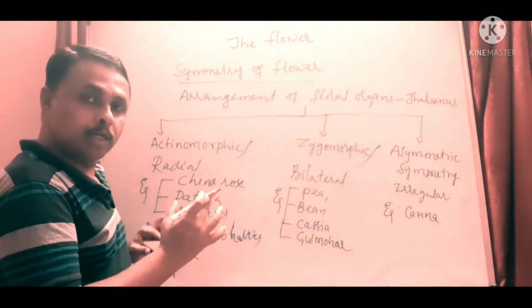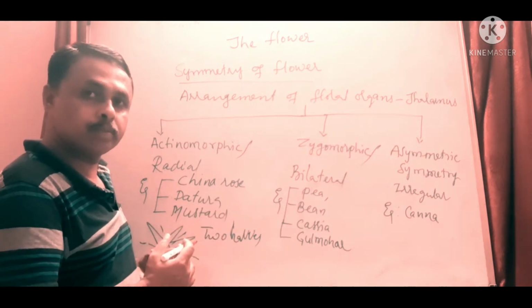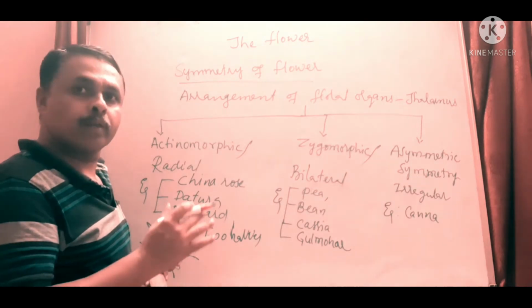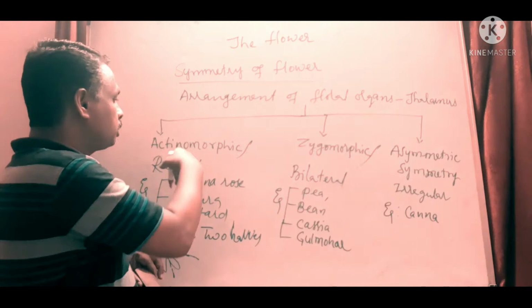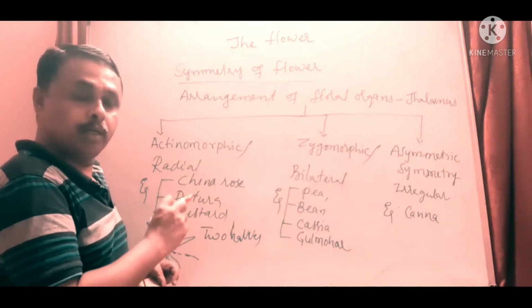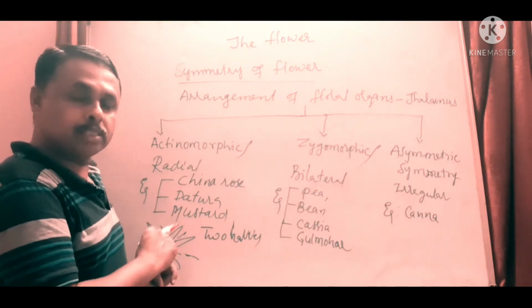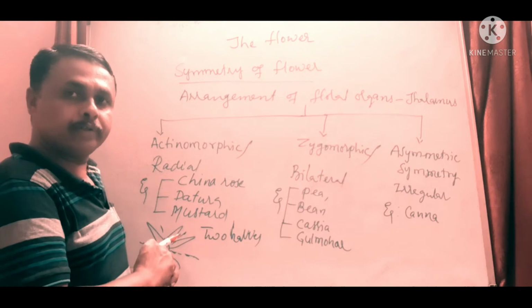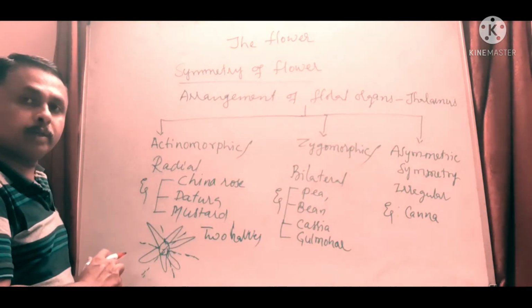Even all the organs are equally shared into two halves. Such a dissected flower is called actinomorphic symmetry. Such arrangement of floral organs over the axis of the pedicel or thalamus is called actinomorphic symmetry.